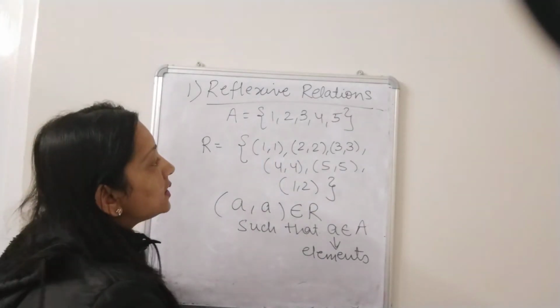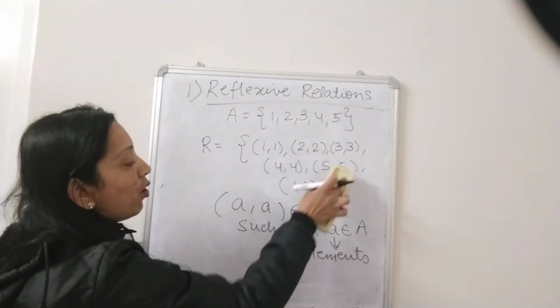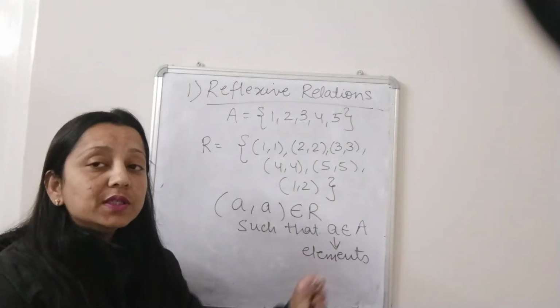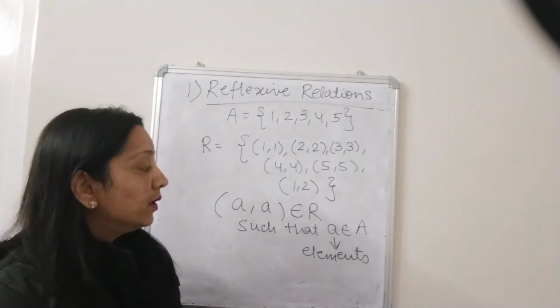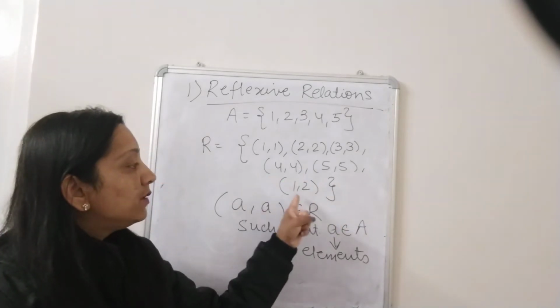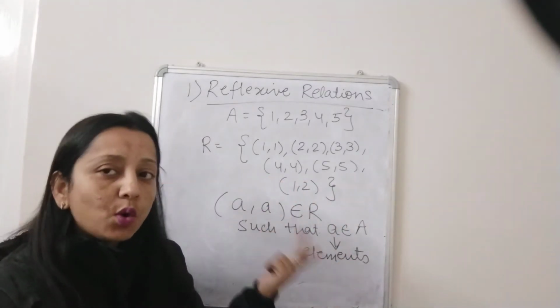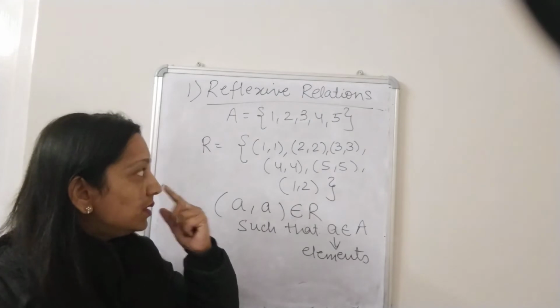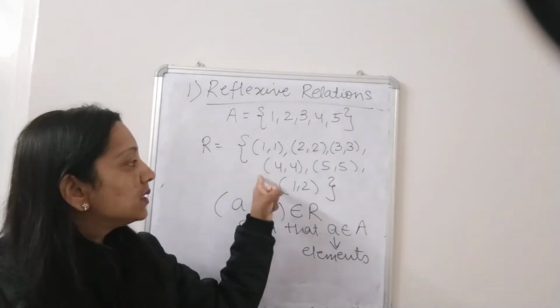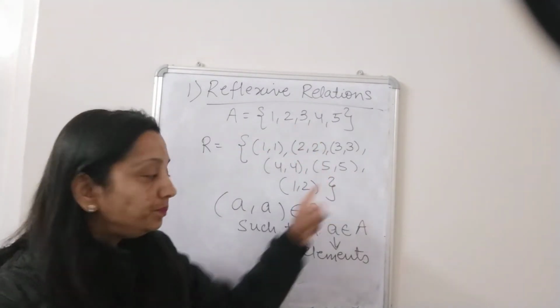If all such elements appear in this format, then the relation is said to be reflexive. If there is any other ordered pair, it's okay. But our main concern is to see that all these elements appear in this form.